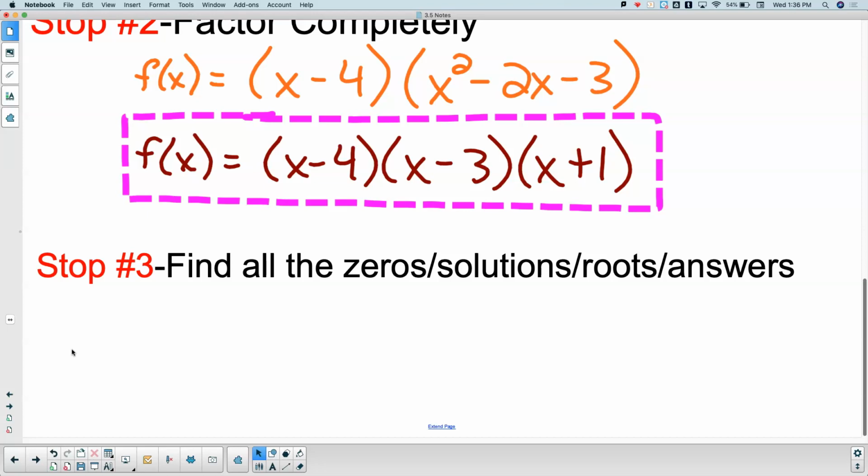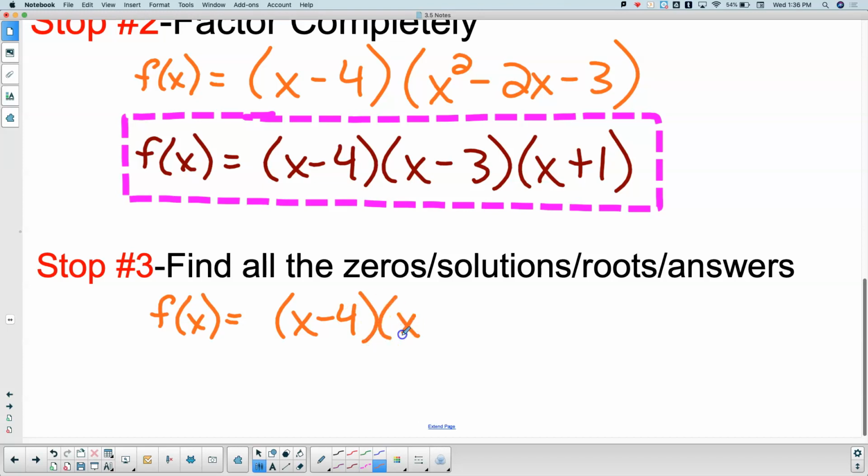Then I'm going to have to completely factor it, that's stop number 2. And then I'm going to have to find all the zeros. Well, I'm going to build off of that last stop because I had to go through it. So f of x here is going to equal x minus 4 times x minus 3 times x plus 1.